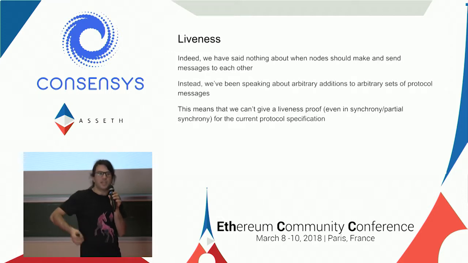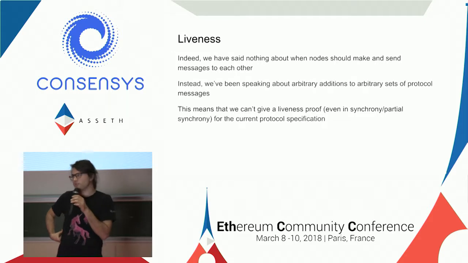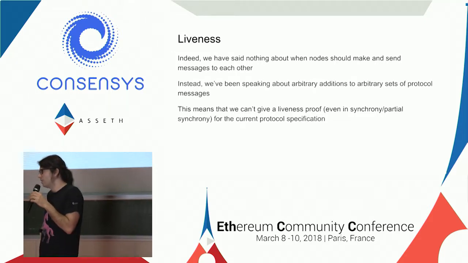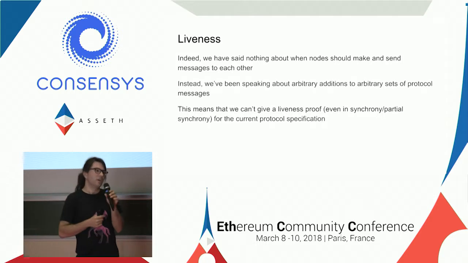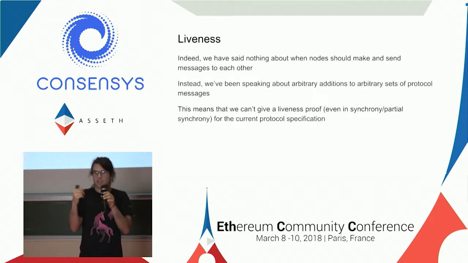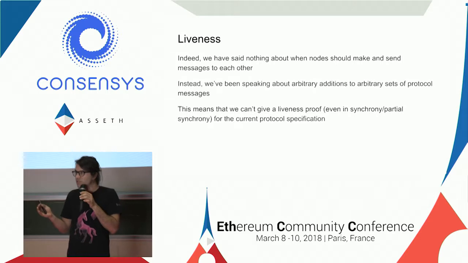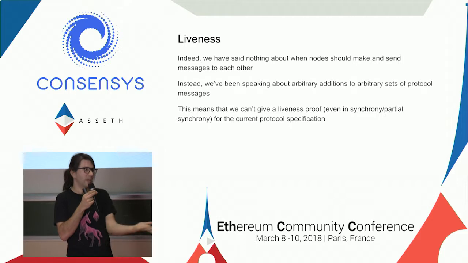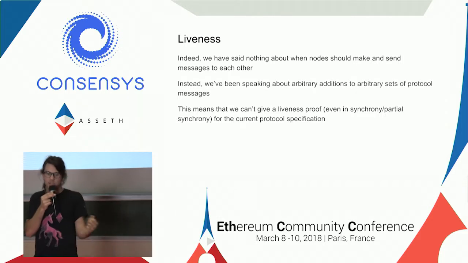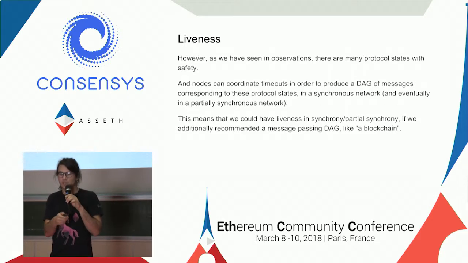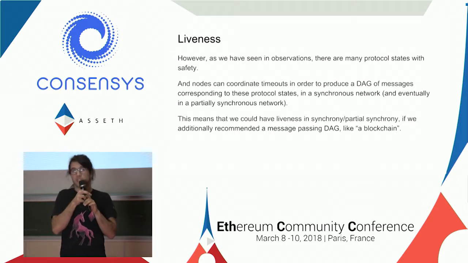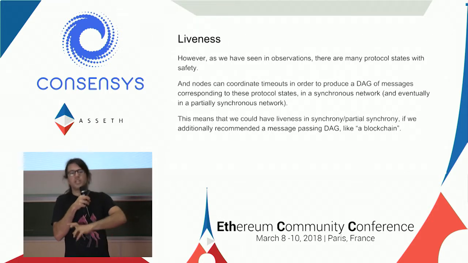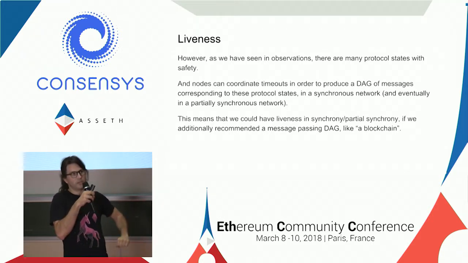However, we haven't actually said anything about when nodes are even trying to send messages. All we've said is that nodes have sets of messages as states, and when they send a message, they say what state they're in. But we haven't said when they should send messages. So all of these questions about what the nodes are doing when are left out of the spec, which means we don't have a liveness proof, but it also means we have a huge amount of flexibility on what the strategies are, and all of these are completely independent of the mechanism that guarantees consensus safety.